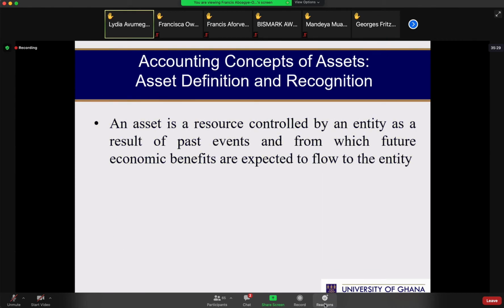Okay, so we said that assets are resources, but they are resources that are controlled by an entity. If you have resources that you are controlling, as a result of some past events, and you expect to benefit from it in the future, then that is what we regard as an asset of an entity.